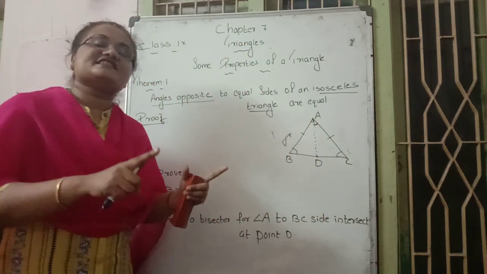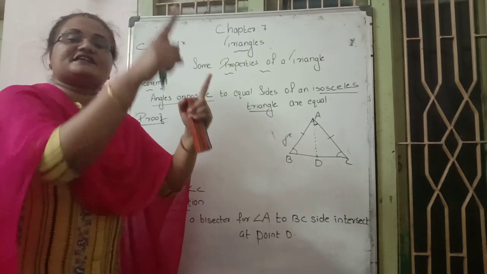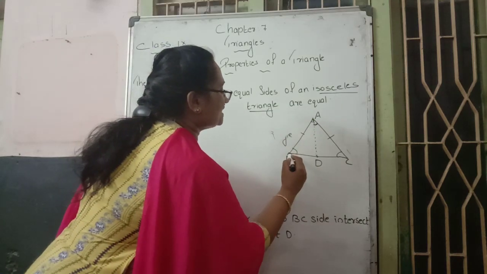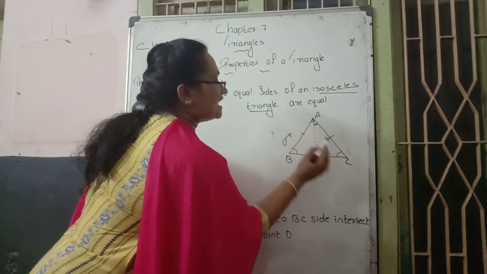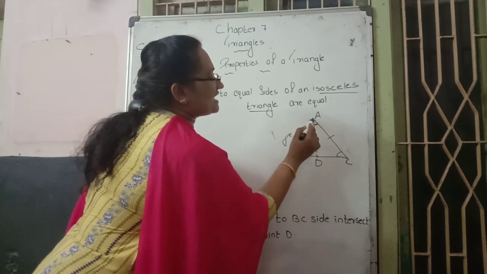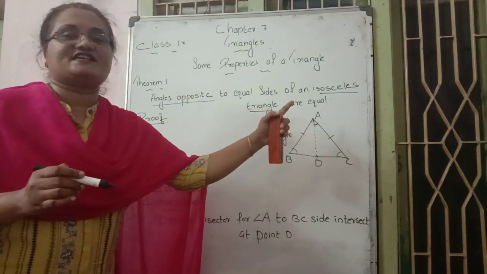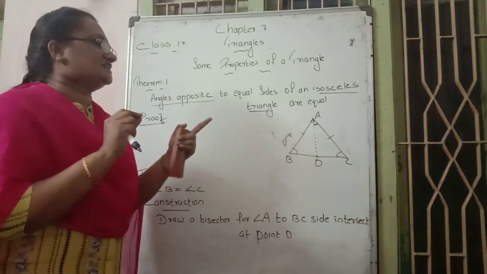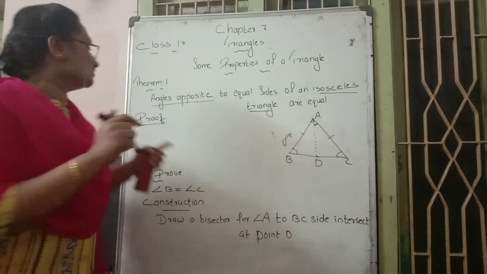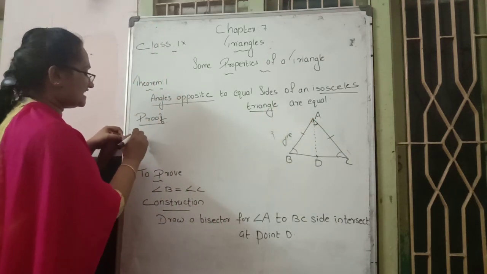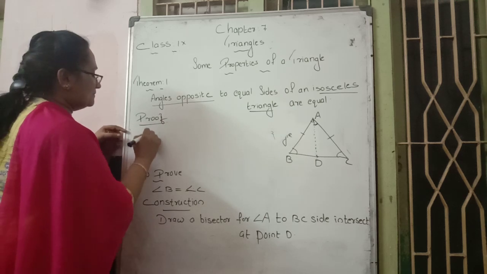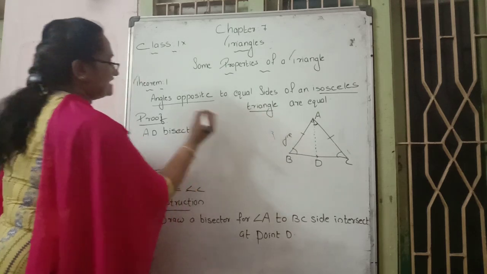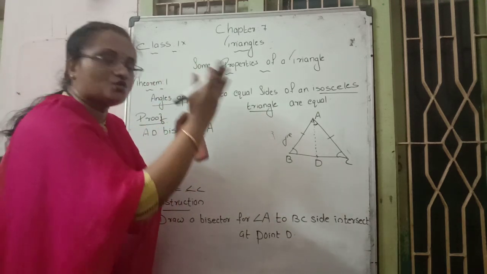So we can say that the bisector cuts our angle A into 2 equal angles. Which are the angles? Angle BAD, where A comes as the vertex, and angle CAD, where A comes as the vertex. Vertex means the middle alphabet. So the middle alphabet is A. So the next step we can say that AD bisects angle A, that's why angle A divides into 2 equal angles.